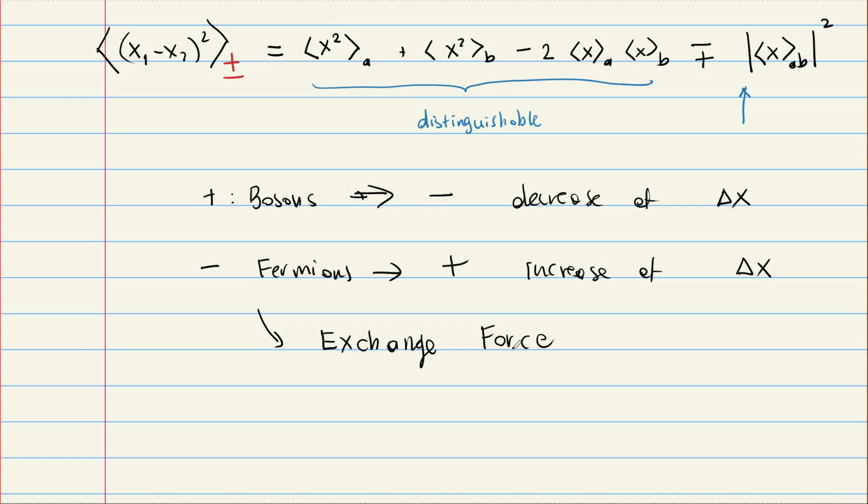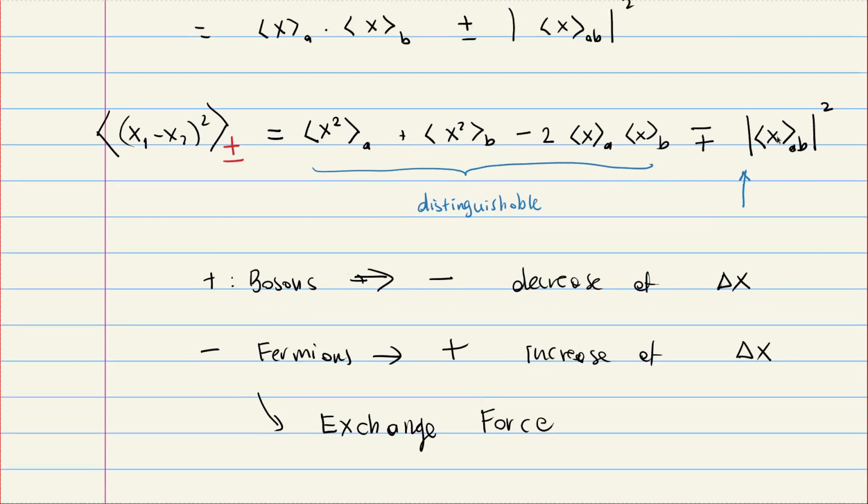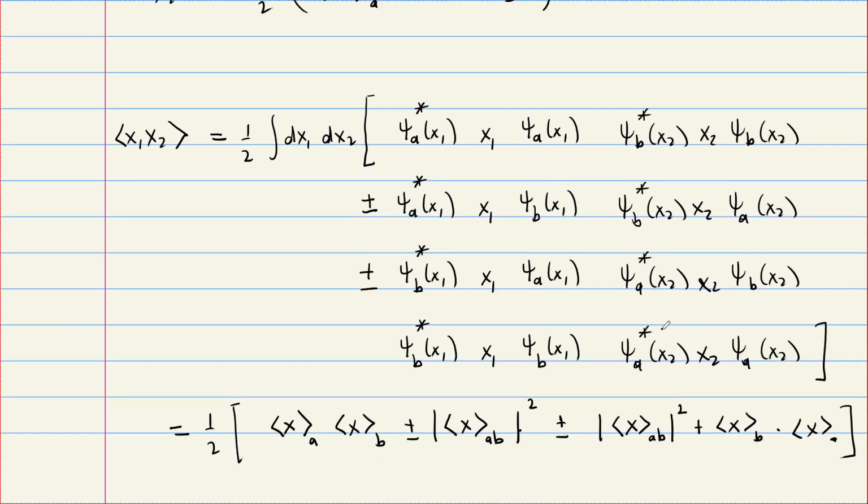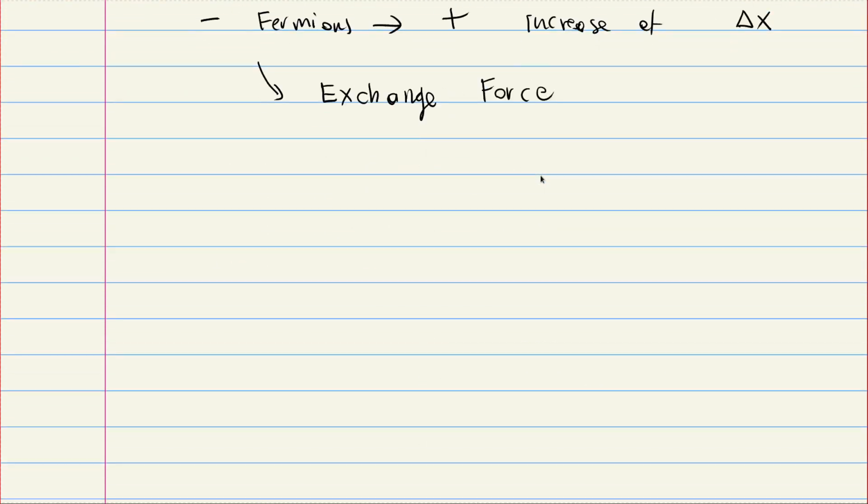And the important thing about this exchange force, right, there is this xAB, and if you look at what this xAB is, for example, let's take one of them. So this xAB is something like that.